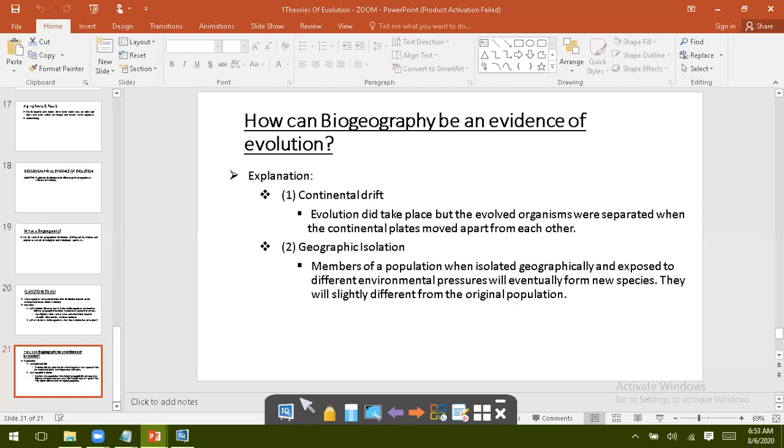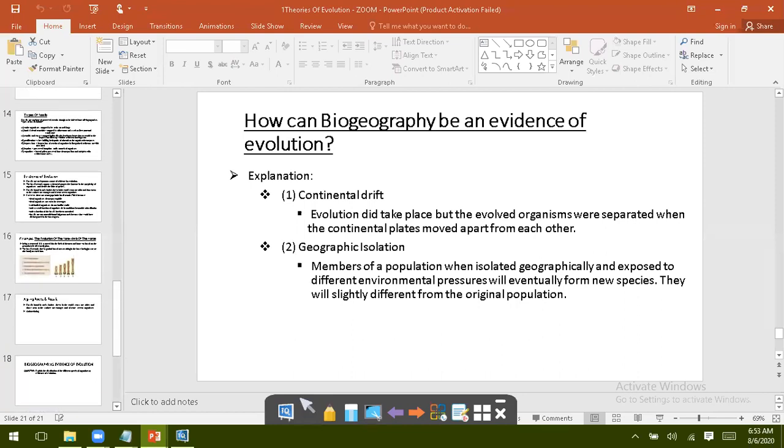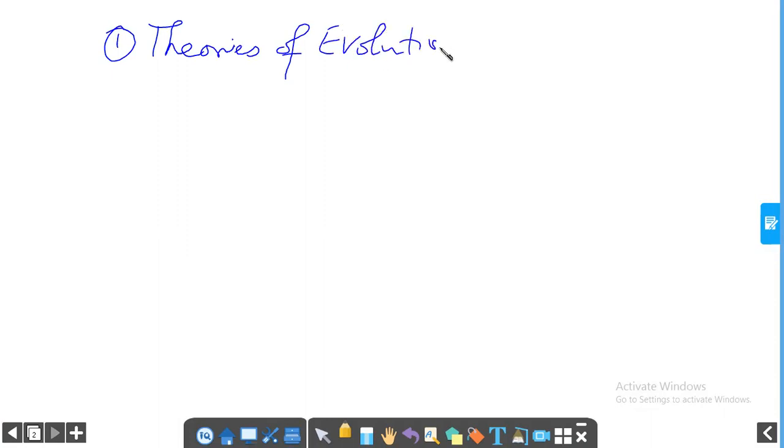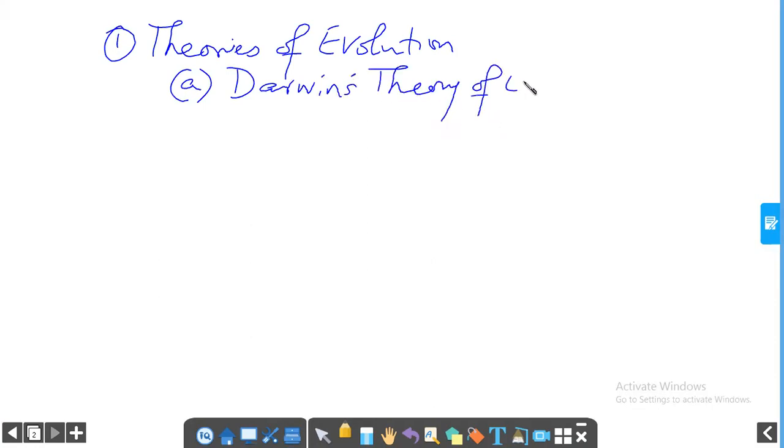All right, so what have we done so far? First thing we've done is we've looked at the theories of evolution, and we have settled for Darwin's theory of evolution, and that is through natural selection.